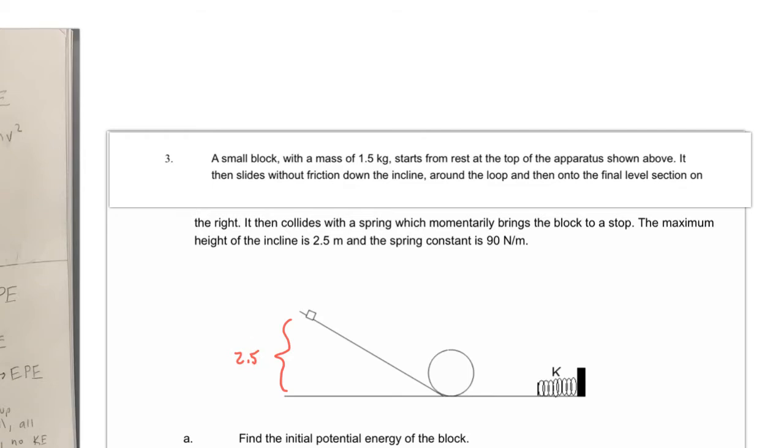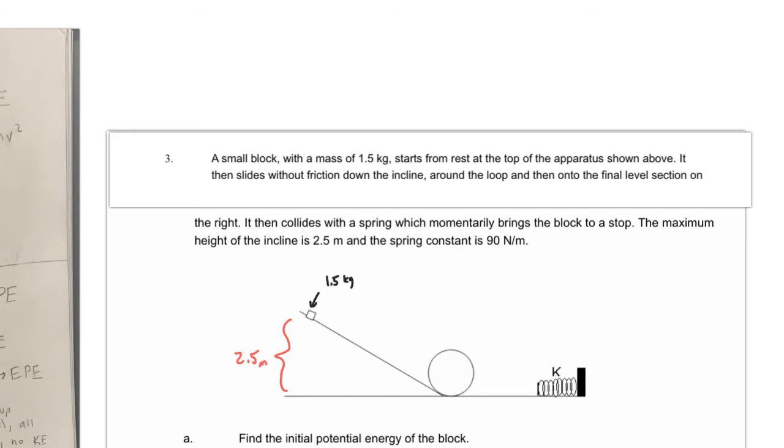They also tell us the mass of the block, which is 1.5 kilograms, and I am happy to say we don't have to do any unit conversion there either, because kilograms is what we want to work with when we're trying to work with mass in general.